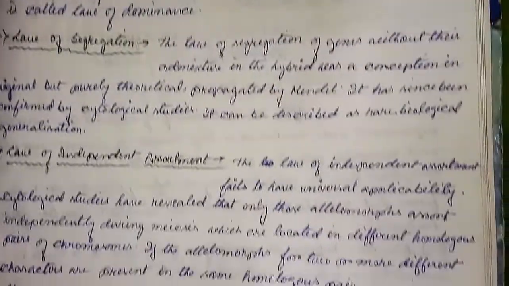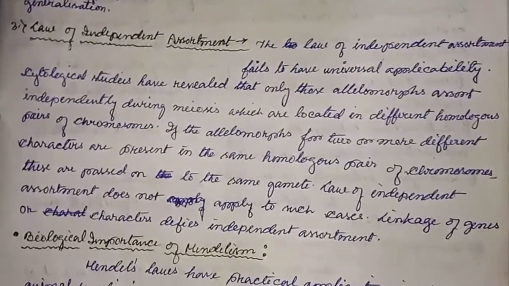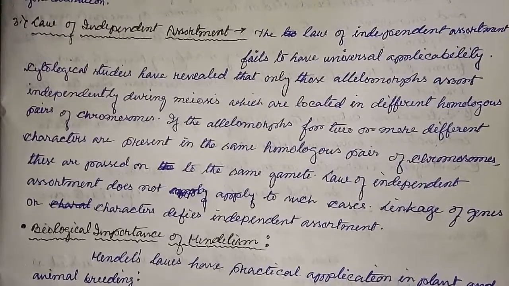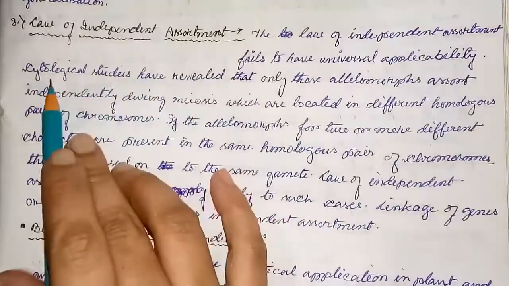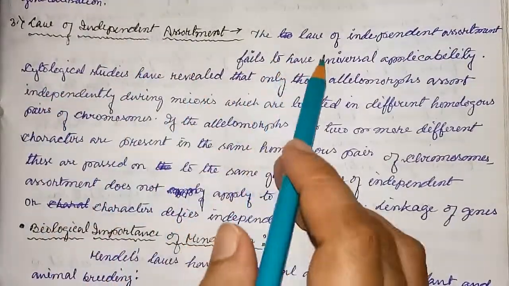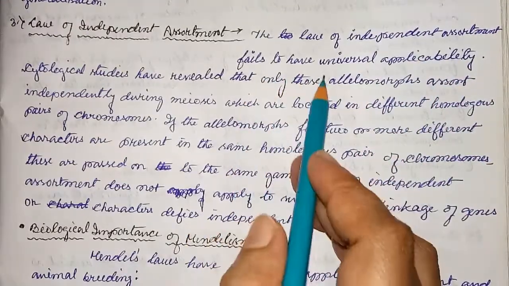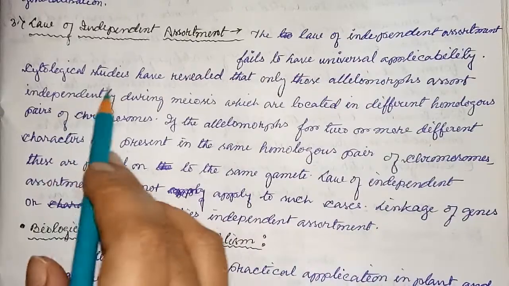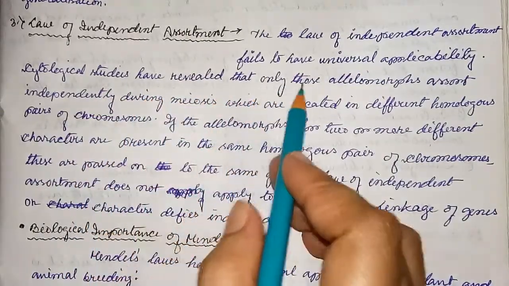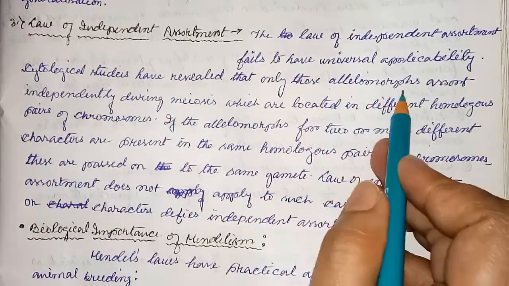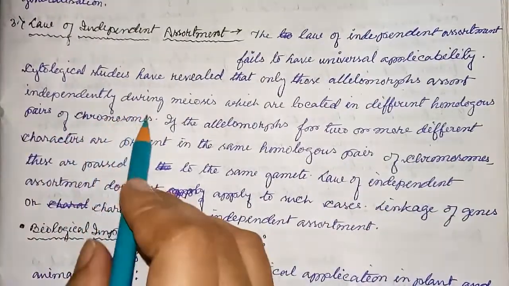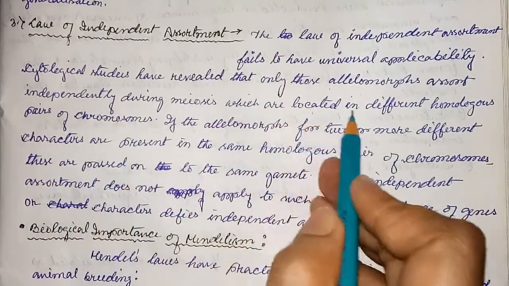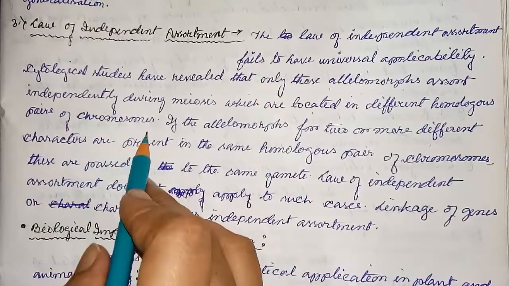Okay. So now, next is the law of independent assortment. The law of independent assortment fails to have universal applicability. Cytological studies have revealed that only those allelomorphs assort independently during meiosis which are located in different homologous pairs of chromosomes.